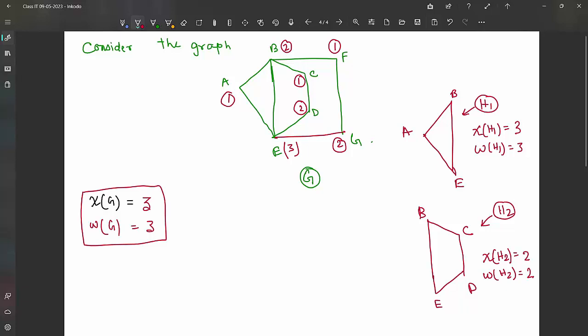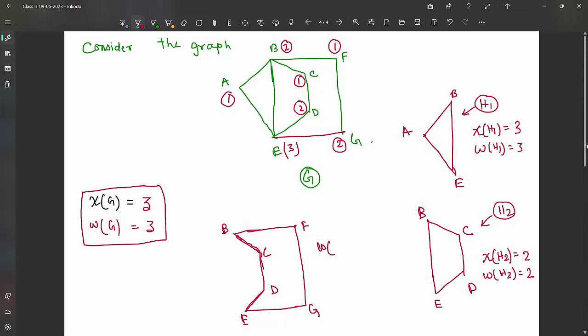And similarly, if you take this graph as, suppose, the H3 subgraph, this portion of the graph, that means B, C, D, E, F and G. So here also the clique number is what? 2, right? There is no 3-clique available here.